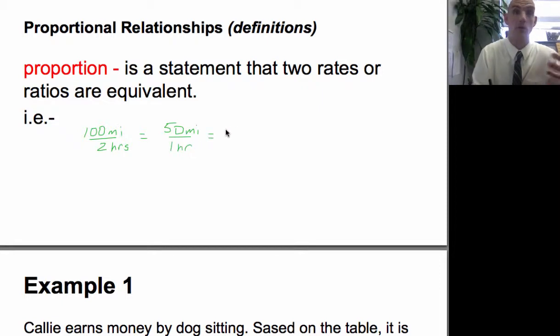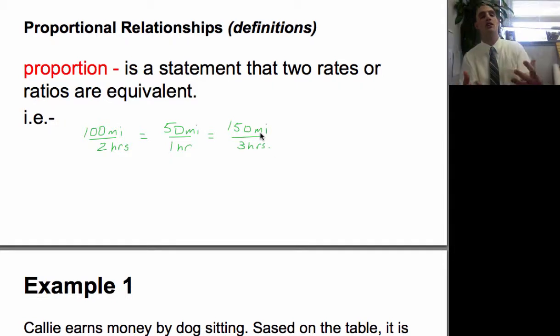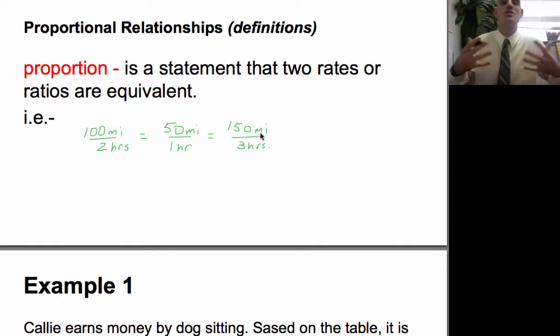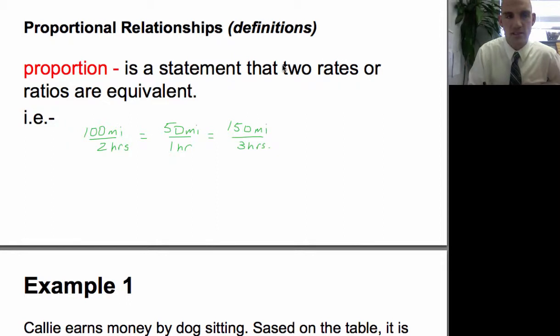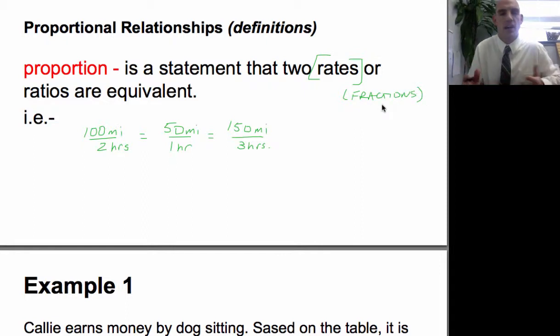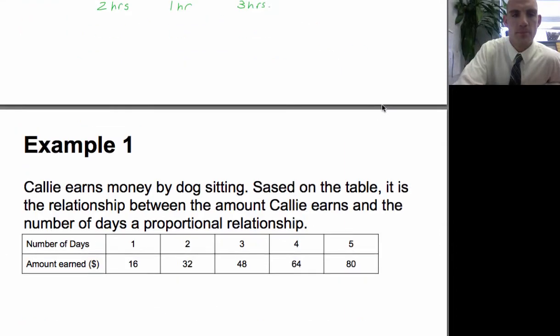It is also equal to traveling 150 miles in 3 hours. So these proportions are equal. We're saying the proportion is two rates or ratios, read that, fractions, which I know some of you are like, oh, fractions, I hate them. But this is really what this is. It's a per statement. It's saying the rate is the same.